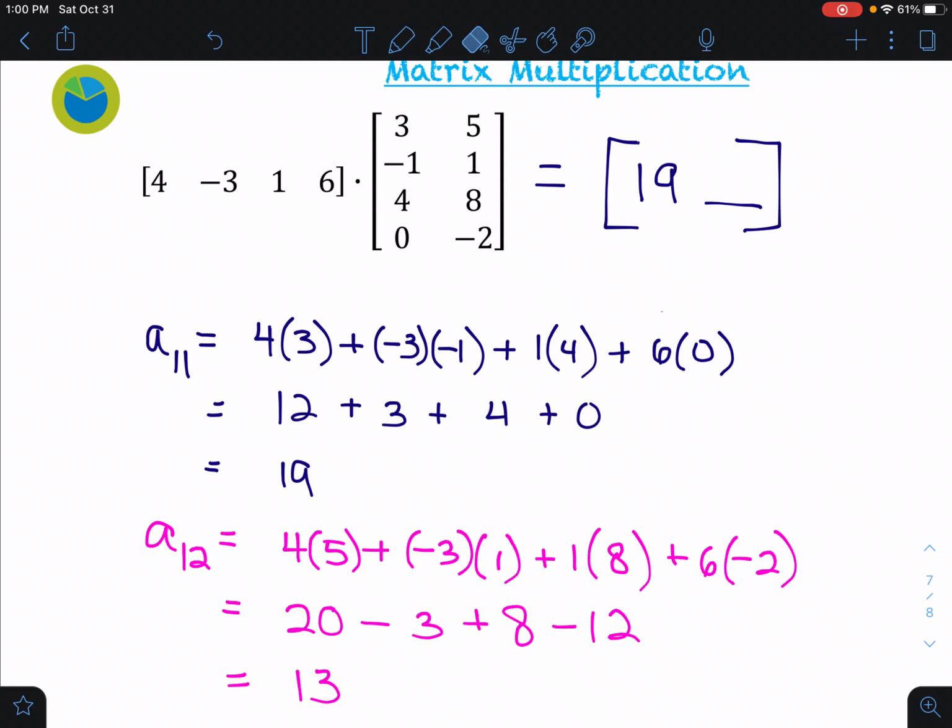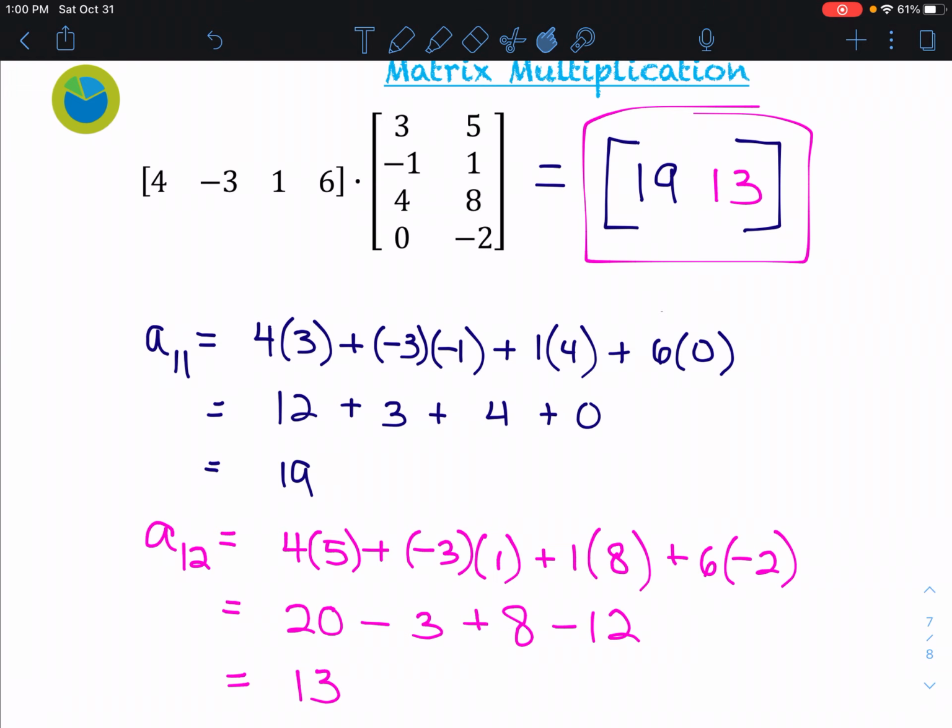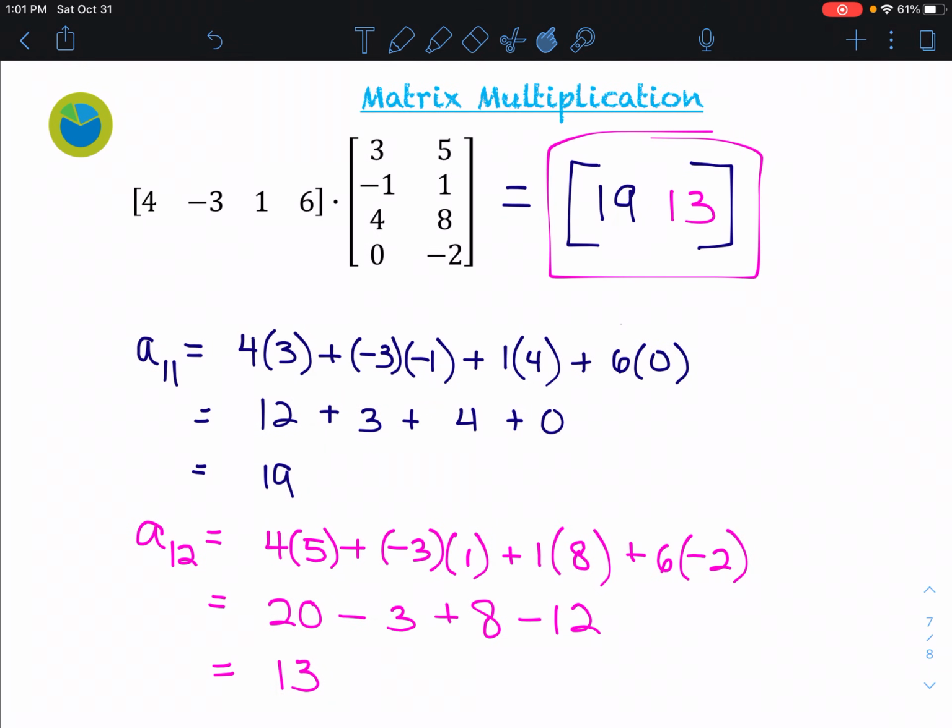So let's put that here. All right, and this is my answer matrix right here, okay? So 1 by 2 matrix, and we've just done another multiplication problem. All right, hopefully that is now making some sense after you've watched these couple videos.